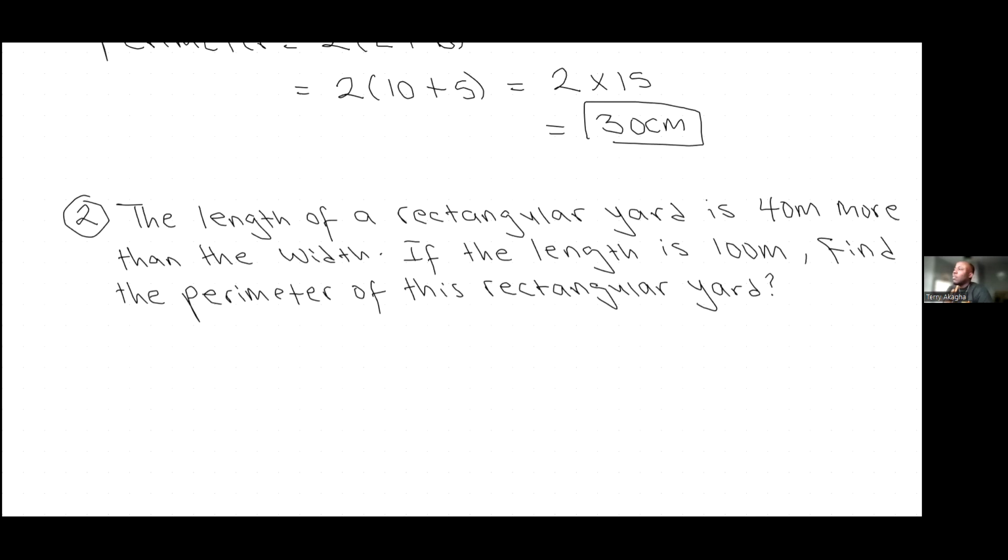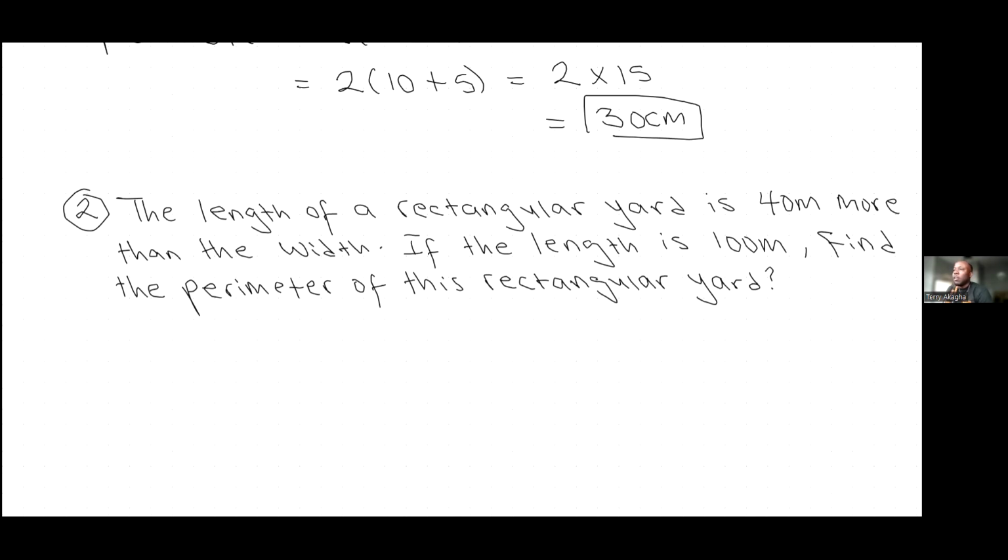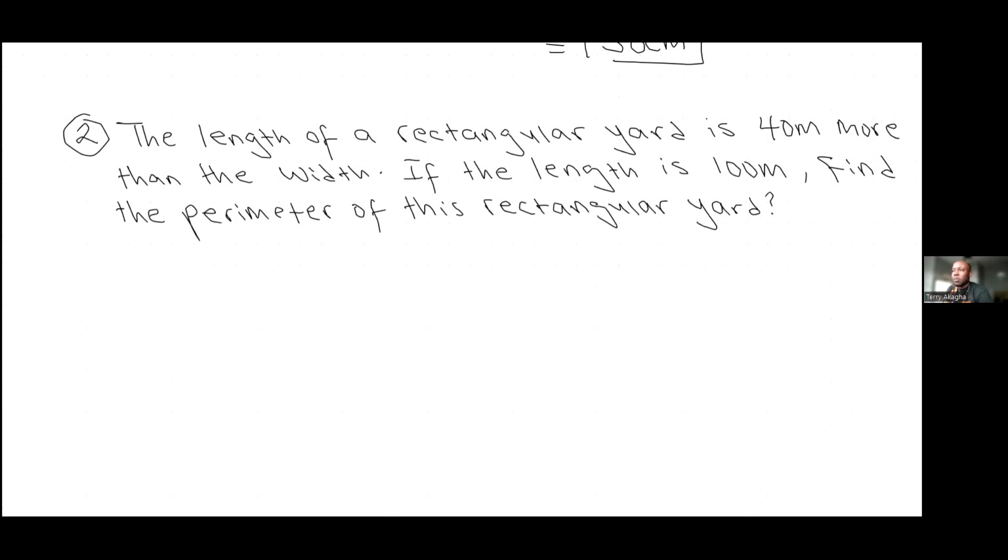Now, let's look at this. We're told the length is 100 meter, but they said the length is 40 meter more than the width. So that means the width is going to be 40 meter less than the length. Is that making sense?